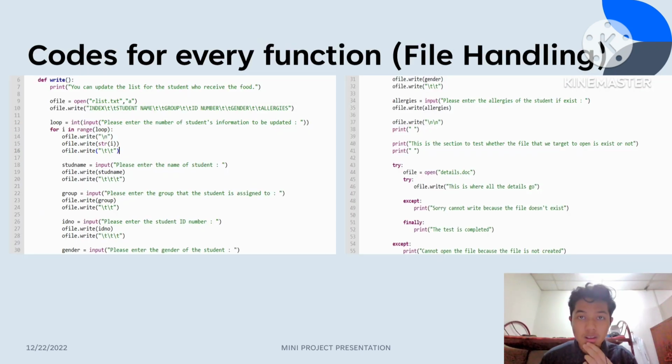Hi, my name is Irfan. I'm going to continue with the codes for every function. The first section is file handling. The first function is write. In this function, there are string tags to update the list for the students who received the food.